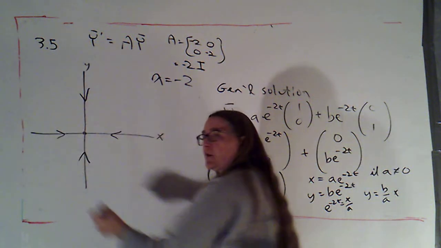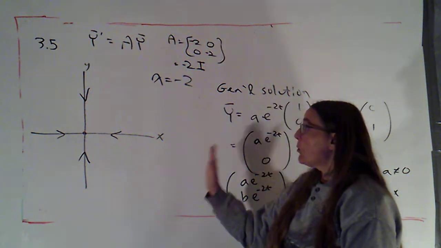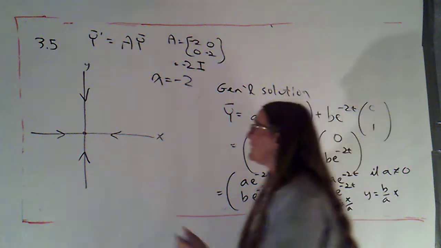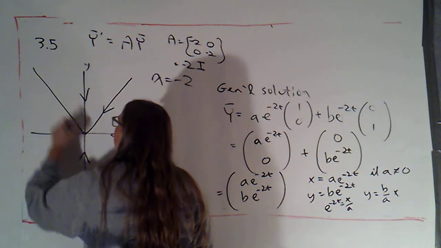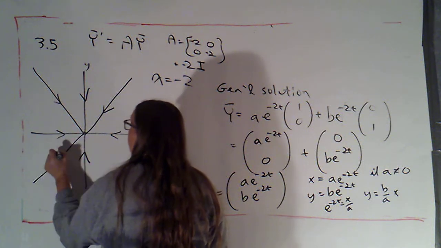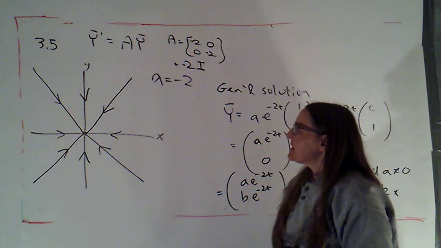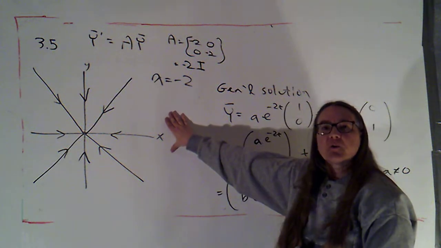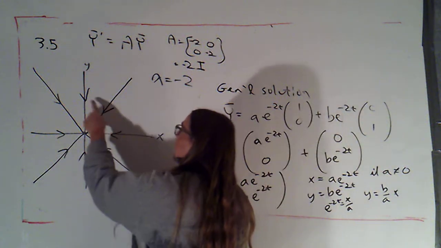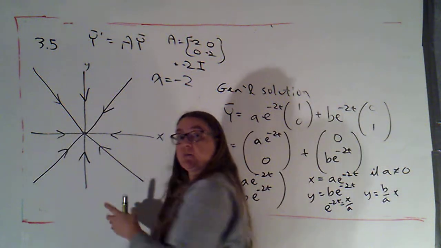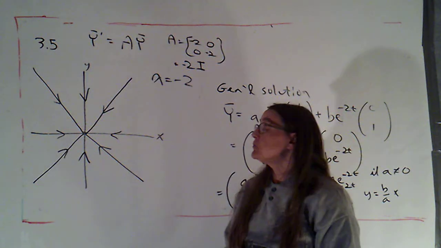These are the ones that correspond to the particular eigenvectors that I chose. Remember, I chose (1, 0) and (0, 1). And then I would just want to say every other line is also a straight line solution. So that's what my phase portrait would look like. If you have a scenario like this, you'll basically get the straight line solutions that correspond to the eigenvectors that you chose.